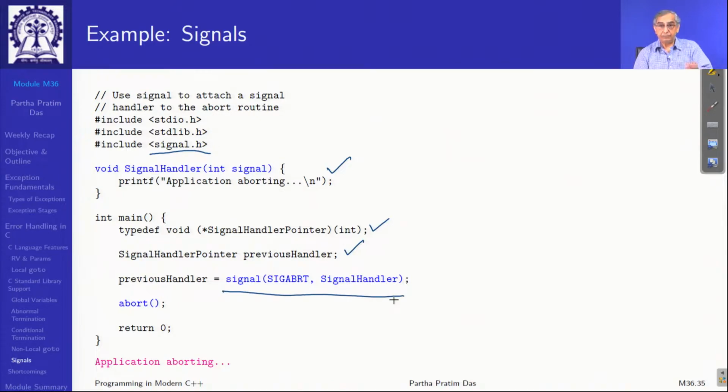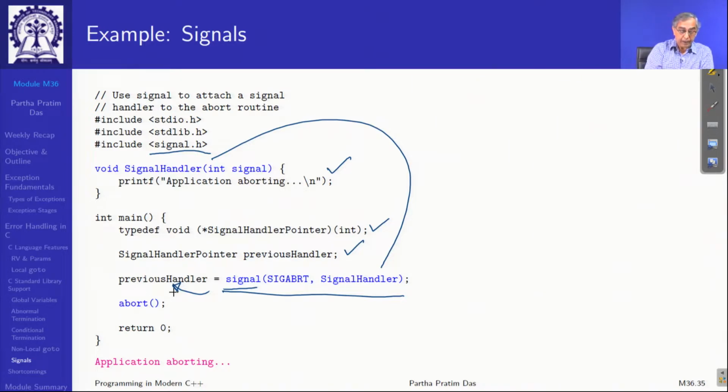So, I am actually forcibly sending signal abort to myself with this signal handler, and this signal function returns me whatever was registered as the last function, because at a time it can have only one registered function for every type of signal that you have. So, what will happen at this point, this has got registered.